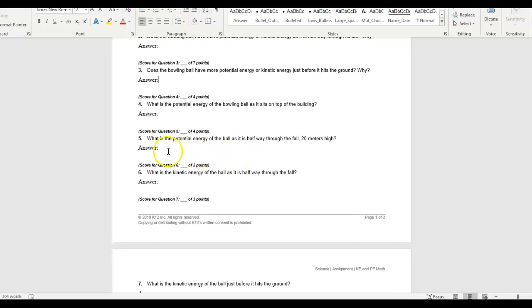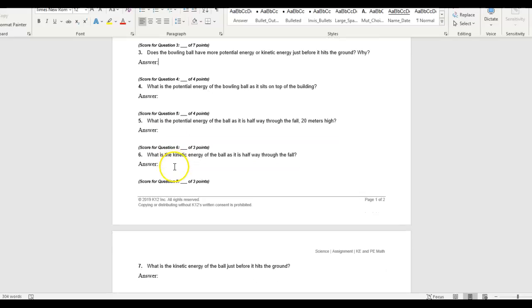For number 5, what is the potential energy of the ball as it's halfway through its fall? We just calculated that. You're looking at the potential energy, 2 times 9.8 times 20. That was 392 joules.